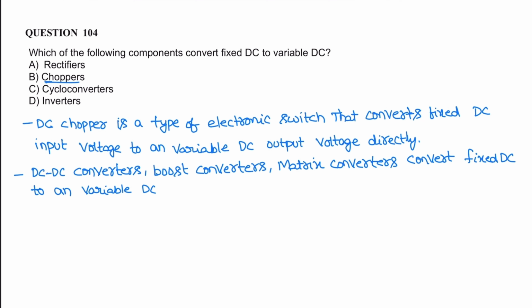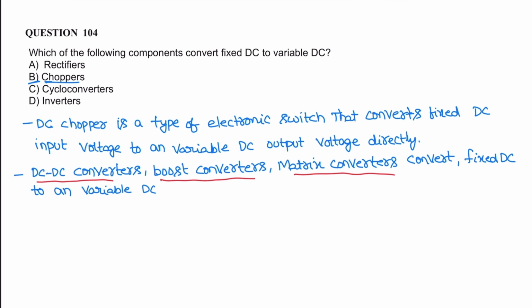So DC to DC converters, boost converters, matrix converters convert fixed DC to variable DC. So these devices, DC to DC converters, boost converters, matrix converters, as well as choppers, convert fixed DC to variable DC.